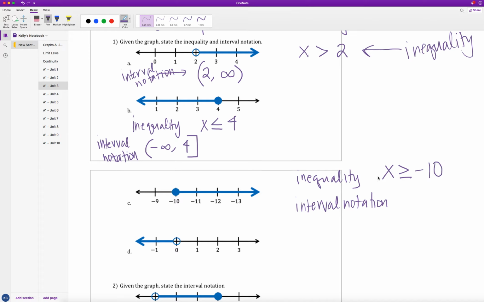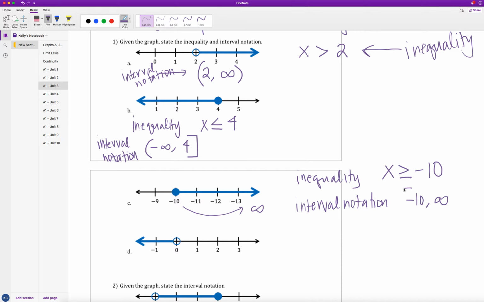That inequality is saying everything that is greater than or equal to -10, which lines up with the closed circle at -10, everything shaded to the right-hand side. For interval notation, it's starting at -10 and going all the way to infinity, since -10 is the smallest, all the way up to infinity on the right-hand side.